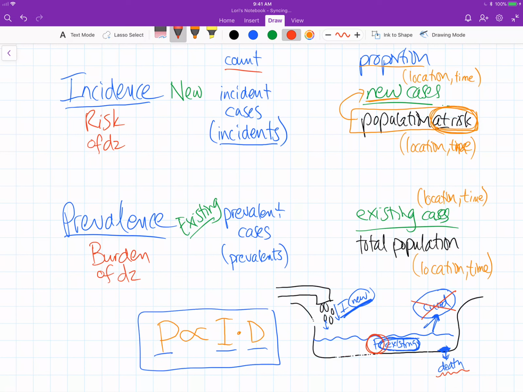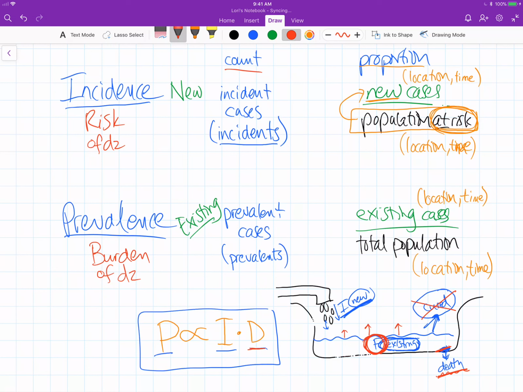So, prevalent cases aren't necessarily bad, though, because if you think about death, if that's your only option, then having a lot of people who are living with a disease and managing it quite well, that means that this water level is going to be going up and up and up. The tub is going to be getting fuller and fuller because there's not the option of death. Maybe we're doing a better job at managing diseases and preventing complications and that kind of thing, so people are living longer with that.